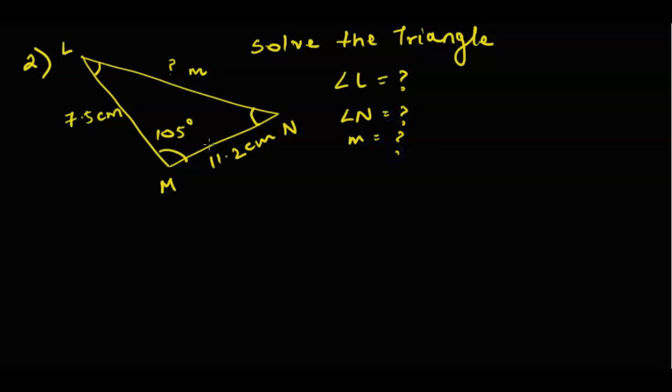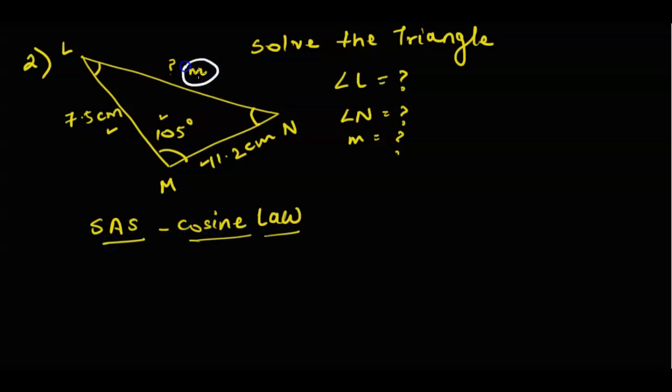Now how do we solve this triangle? We are seeing that we are given side, angle in between the two sides, and another side. So if you're given side, angle, side, then we use cosine law, and we're looking for side M first.